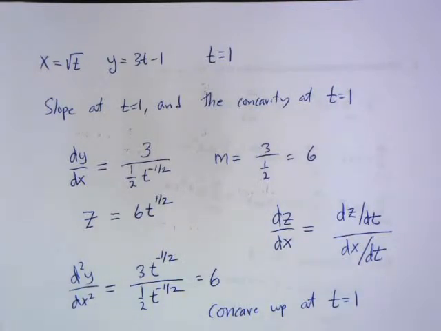This graph is always concave up. Why is this graph always concave up? It's just a number. True.